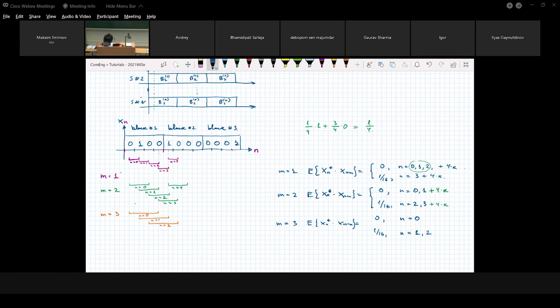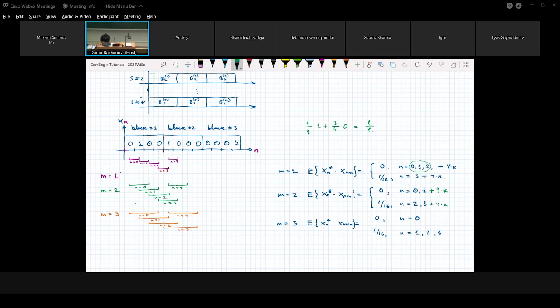And then we can just make one more, n equals 3, the same story. And for n equals to 4, this is only one case, and we are staying within one coded block.